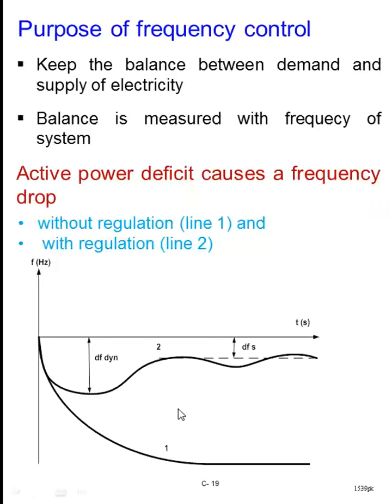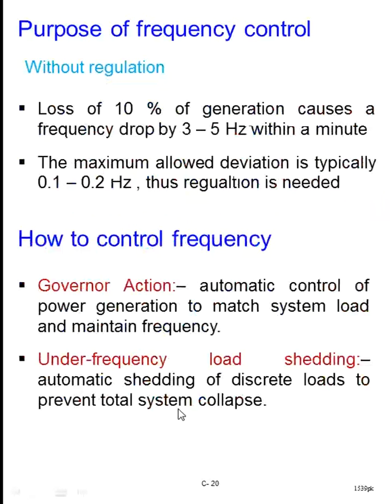So as I said here, if you don't have regulation, and if there is a loss of 10% generation, it is also possible that suddenly one of the generators fails, right? You have a constant load, you have a constant demand, but generation has suddenly reduced, right?